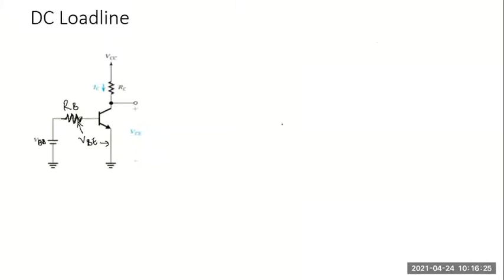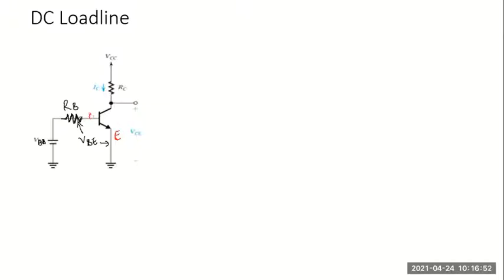Next, let's draw something known as the DC load line. What is a DC load line? It is a straight line drawn on the output characteristics of the transistor. How do I get a straight line representation? So we have taken the common emitter transistor amplifier. You see this emitter is common.